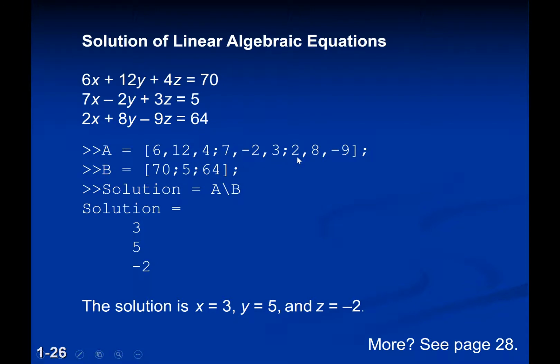And then the third row is 2, 8, -9. His B vector is 75 and 64. He did that exactly like I did, only I started with a circuit to show where this equation would come from. He's a mechanical engineer, so he may be using some kind of vector drawing in order to come up with this.